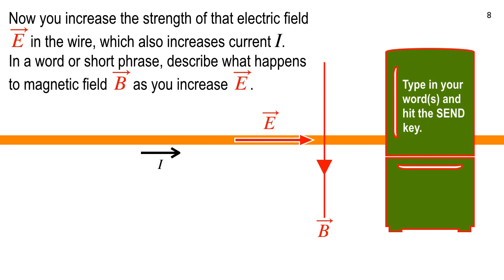Expansion of E. Now that is definitely an interesting word, but it is ambiguous. Field will grow. Flux, the flux capacitor increases. Gets stronger. Grows.